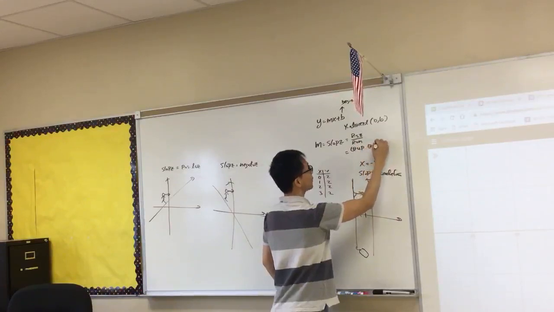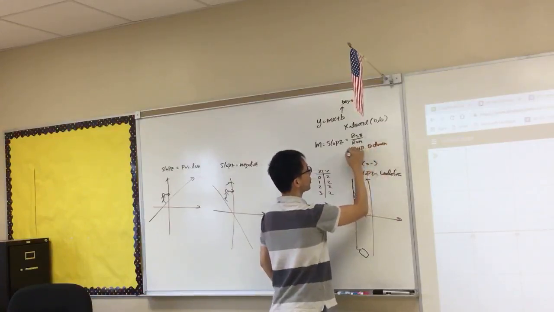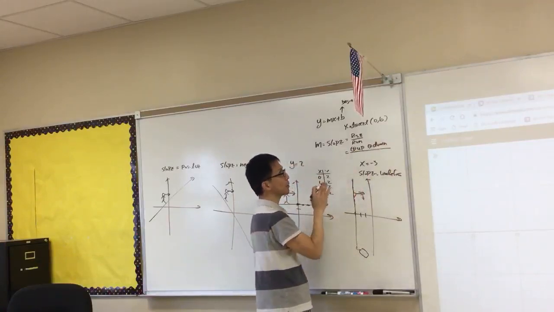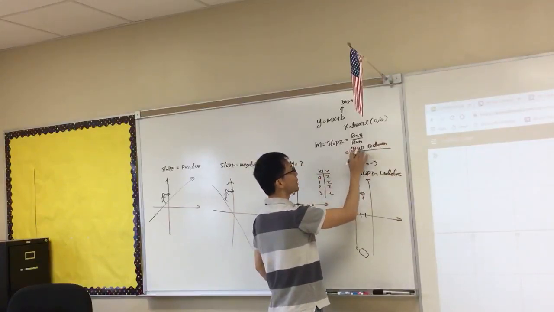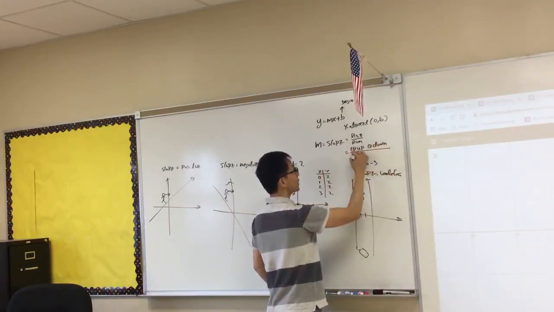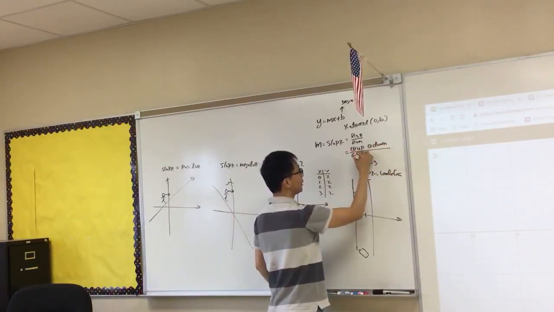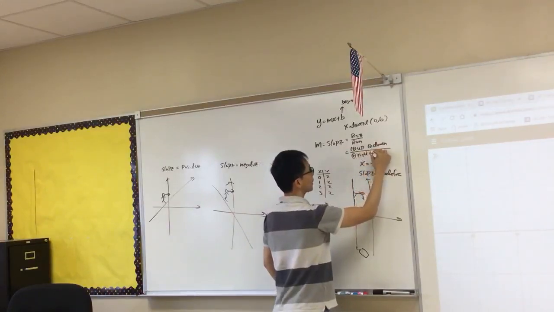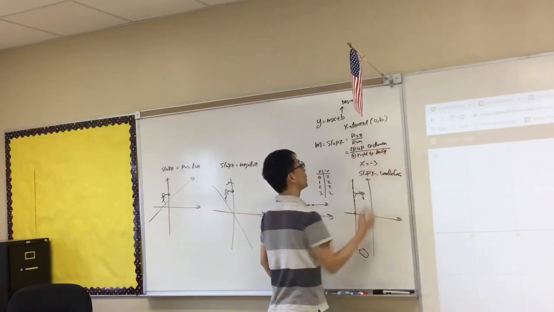If it's negative, it's down. It's very crucial you understand this for piecewise, because it can go both ways. We're going to talk about this a little bit more. So positive is up, negative is down, and if the denominator is positive, it goes to the right. If it's negative, it goes to the left. Okay.